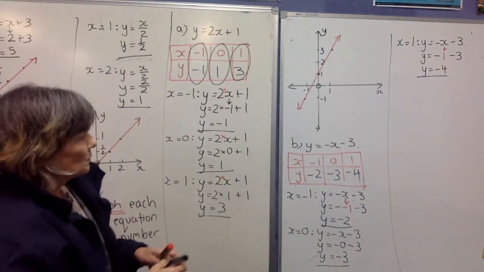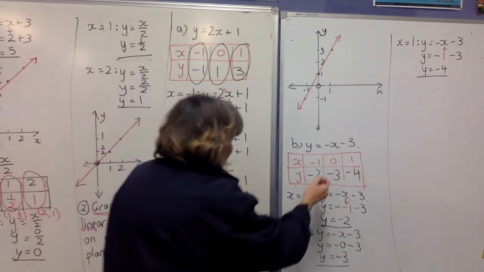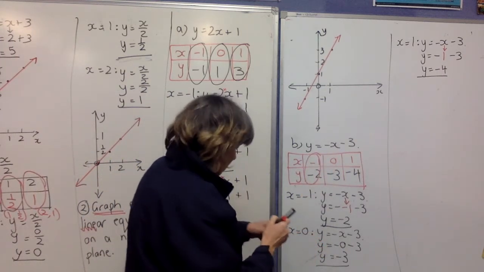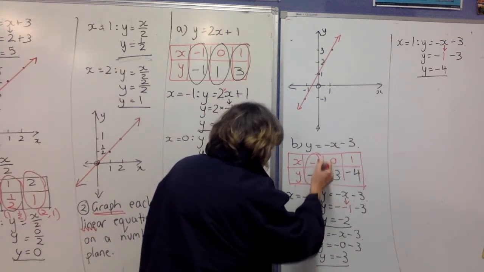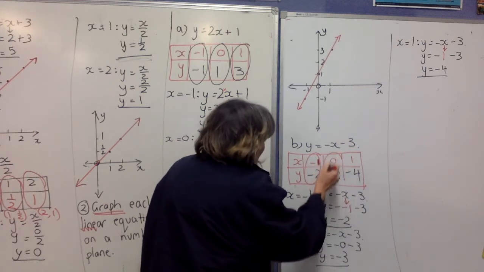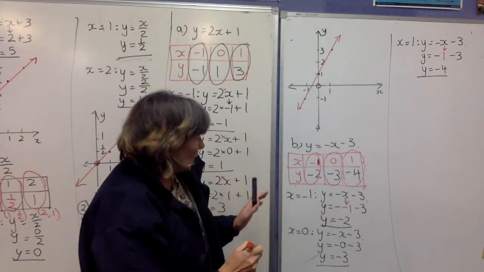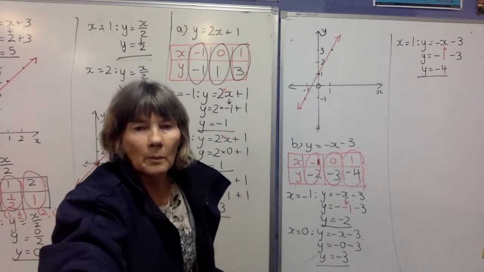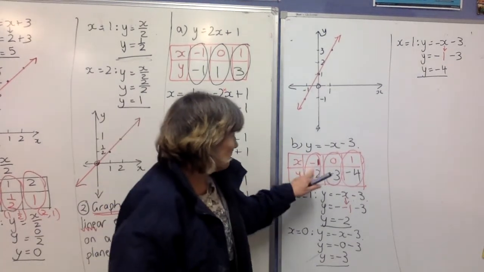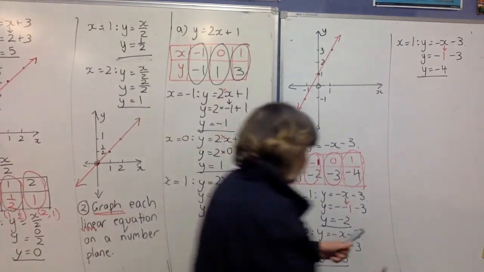So now we're up to plotting these points. So we've got 1 point. Let's write it in again. 2 points and 3 points. So we're going to draw up our number plane. Remember that we've got x's from -1 to 1.